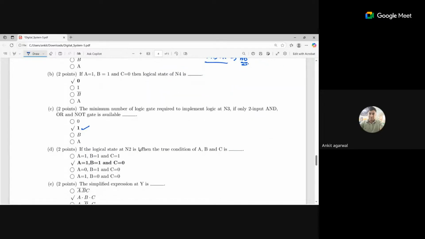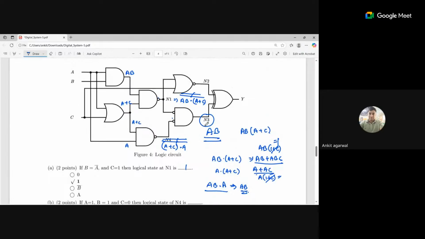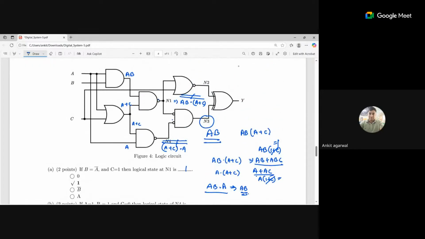Okay, if the logic state N2 is 1, then the true condition for ABC. So you can check this one also. N1 we are getting AB into A plus C bar. And this is the C. So we are taking C and the whole bar. So plus C and whole bar.